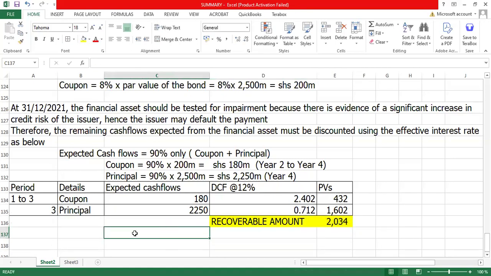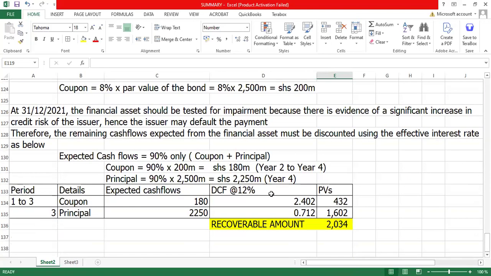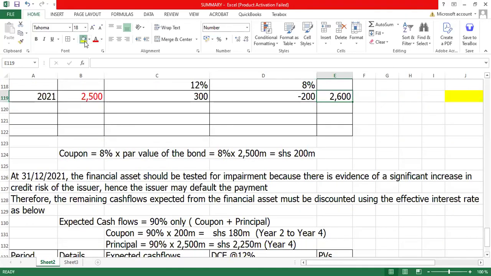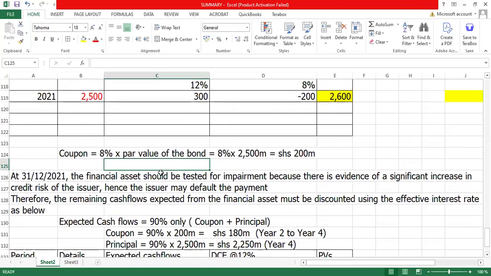You tested the impairment as at 31st December 2021, at balance carried down. What was the carrying value of this asset? Compare the two and see whether you actually have the impairment.